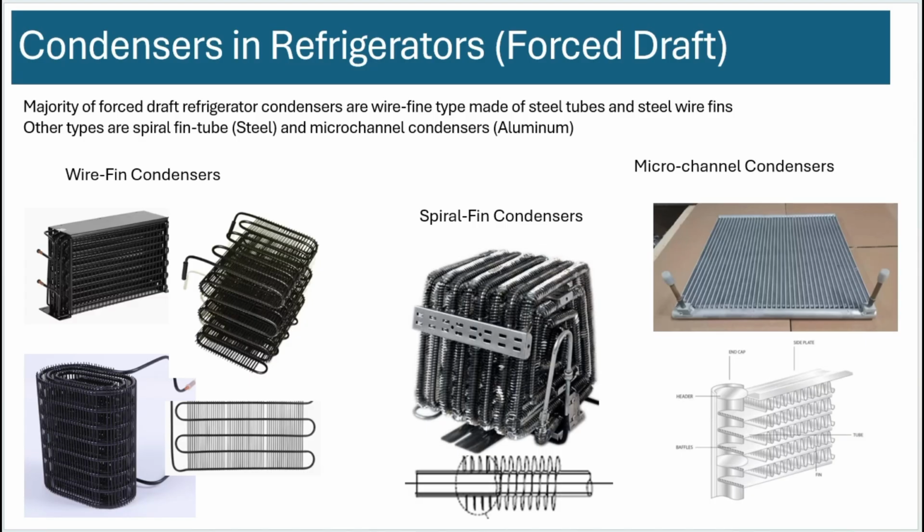If you want a forced air condenser or forced draft condenser, typically, again, majority is made with steel wire fin types, right? So wire fin condensers, they look like this. Now they have to be of different shapes, and you blow air using a fan through them. So in this case, it will be blown like that. In this case, it's probably blown like this. In this case, also, it's blown through the center and cooled.